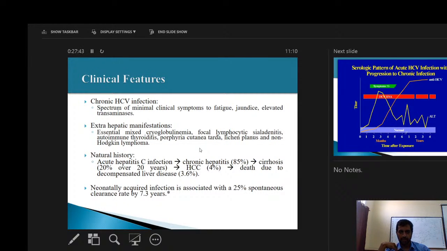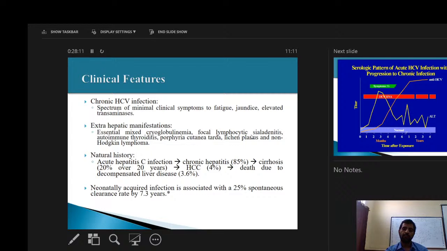Because the virus keeps on changing its antigens and is also suppressing cell-mediated immunity. Antibodies are increasing, but there is no antigen to bind because the antigen is already mutated. So there are so many antibodies getting produced, and they get deposited in the blood vessels. These deposited antibodies can by themselves activate complement, and you will have vasculitis, inflammation of the blood vessels. That is called essential mixed cryoglobulinemia.